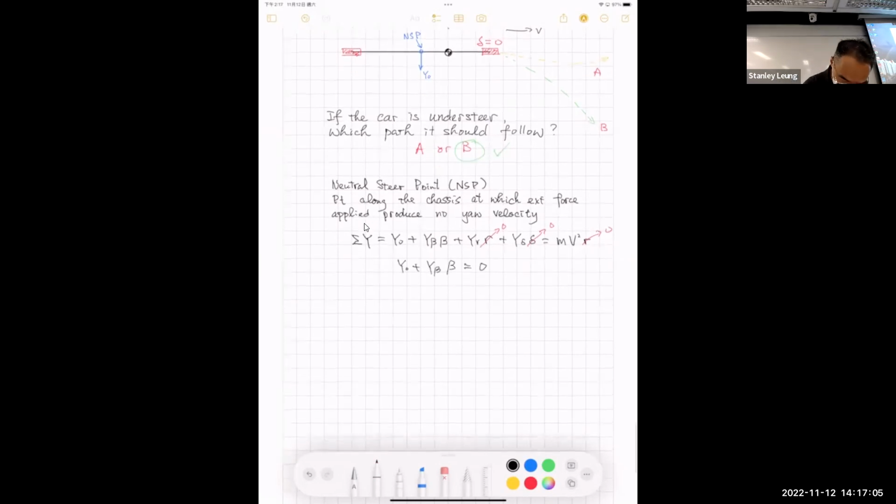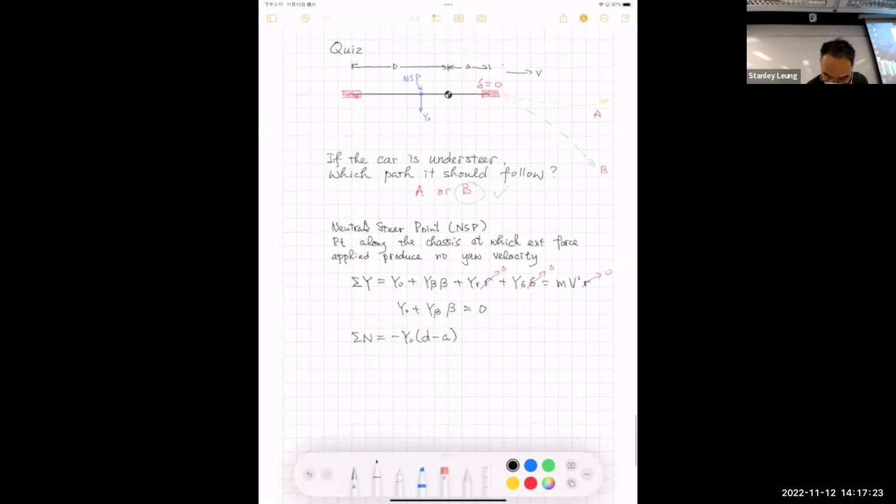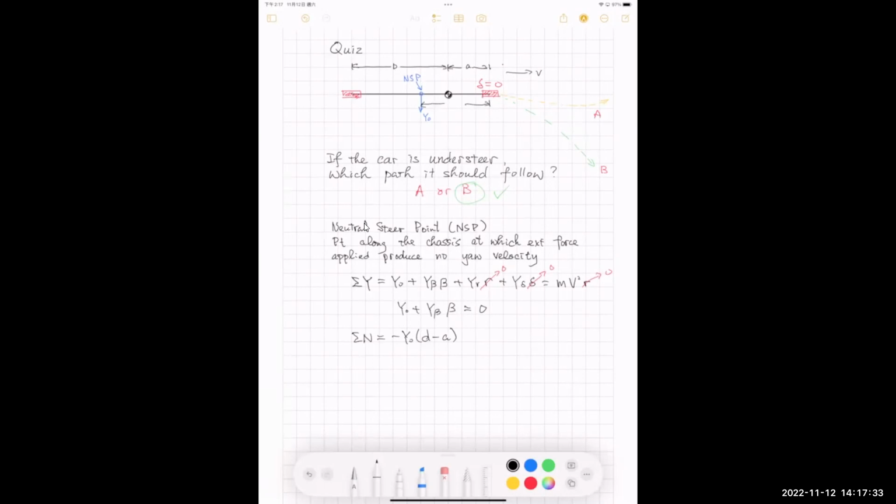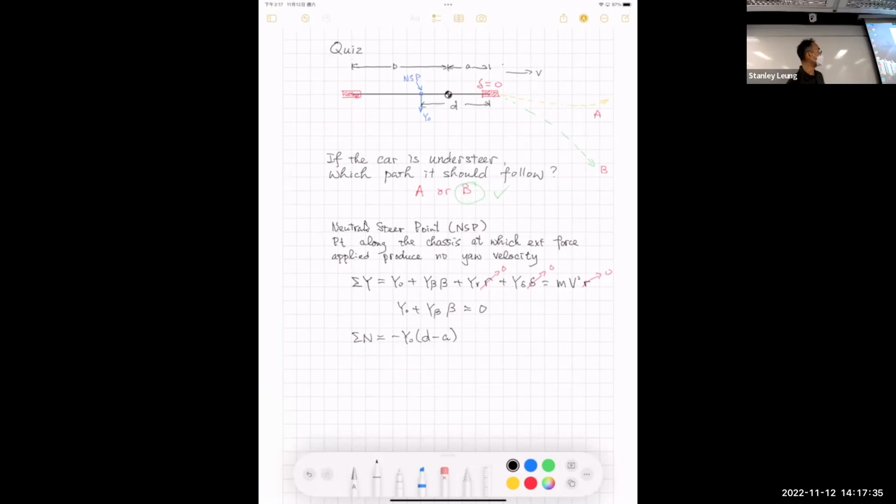Okay, and the moment about the neutral steer point. So you have the minus Y naught times B minus A. Okay, so I should say this is what the D means. Okay, so B minus A is this moment arm.